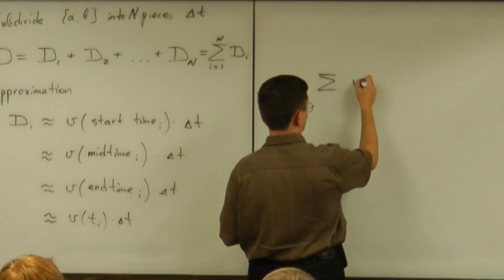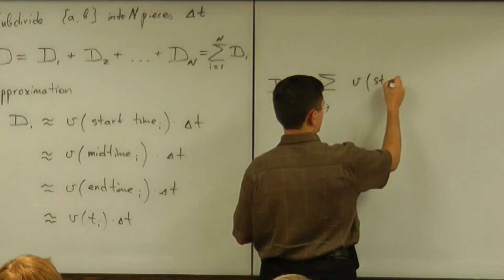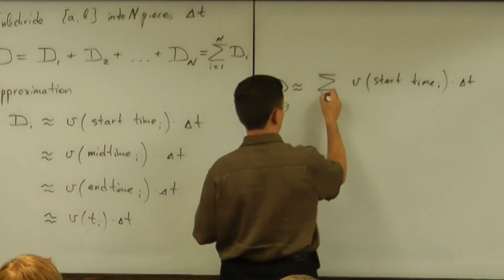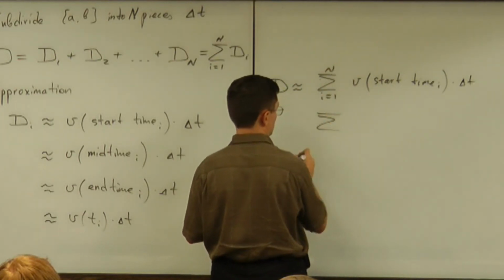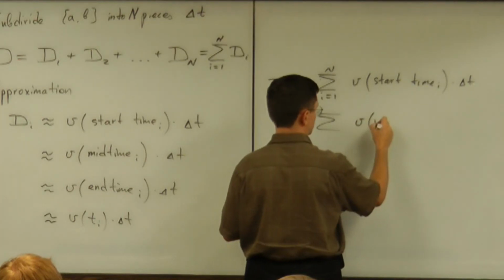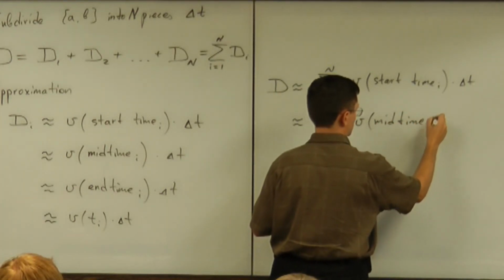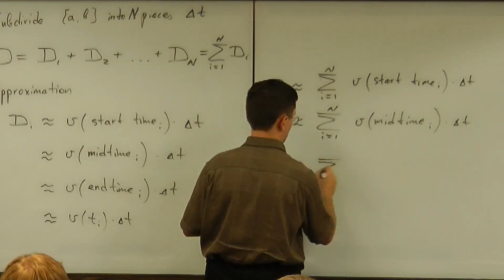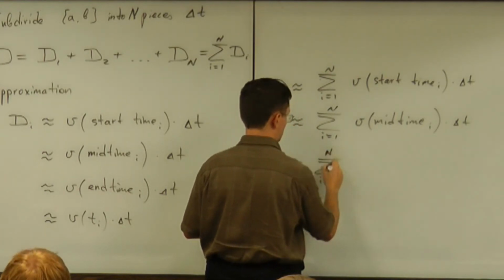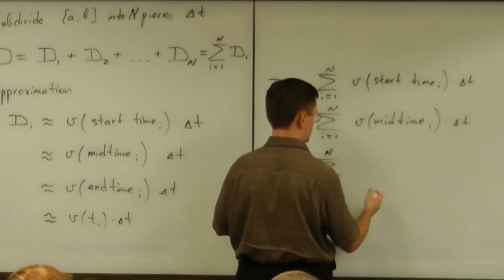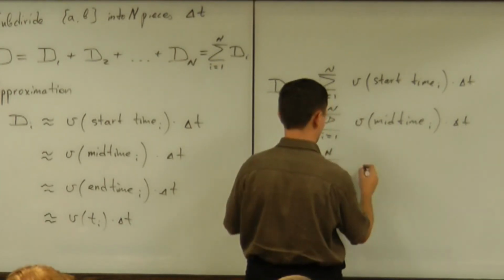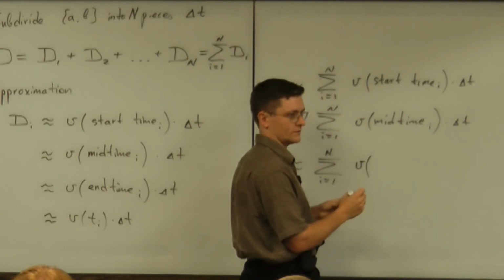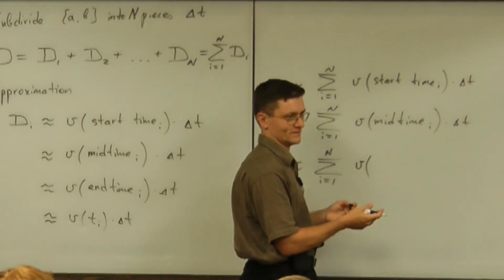Well, the sum of those: v of start time times delta t, or it is approximately v of mid time times delta t, and I'm intentionally writing things again and again, because usually people begin thinking when they get tired of writing and writing and writing, right?